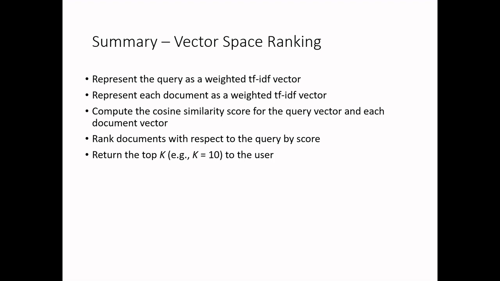So the main thing is that vector space model provides a convenient way of not only representing documents, but also ranking them in response to queries from the users. And generally, there are a fixed number of results that are returned. For example, you can say, all right, I'm interested only in the top K results, where K could be set to 10 or 20 or 100, whatever you want. All right.